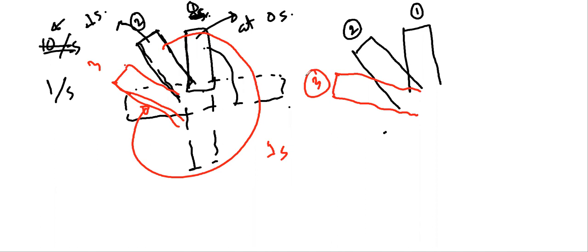So what your eyes will see by this video camera, it looks like it is there, it is there, it is there. So it looks like it is proceeding in the anti-clockwise direction, though practically it is rotating in the clockwise direction. This is due to the lower sampling rate of the camera. The camera is taking 1 sample per second.